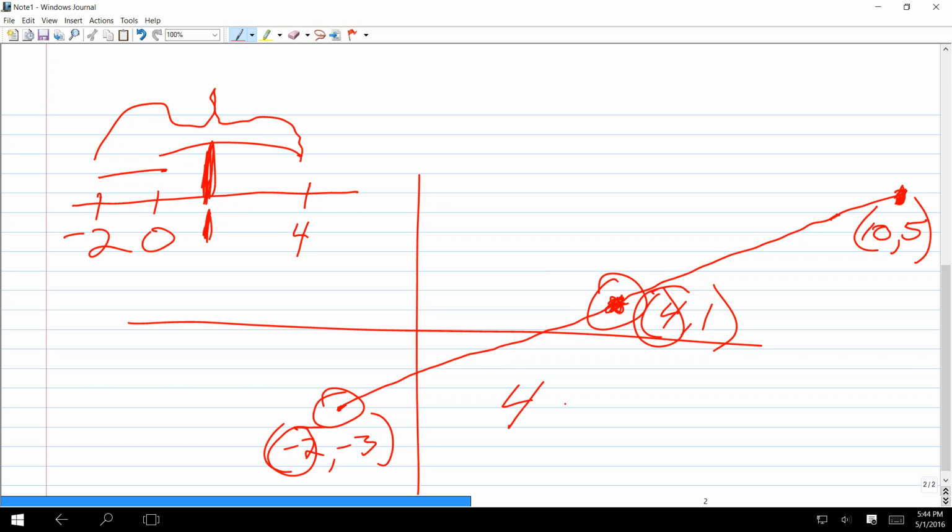So I would have 4 minus a -2, which is equal to 6. That's how we got 6. And then I add 6 to 4 to get 10. The same way with the y: if I want to know the distance between 1 and -3, 1 minus a -3, that's a distance of 4 units. So I'm going to add 4 to 1.